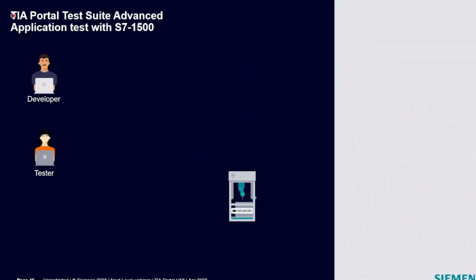The second scenario in test suite is application test. With application test, we can test our functionality. For example, you have written a function to convert an analog value and you want to know whether this function is working or not. Then you can write a script for this, the test will be done automatically, and the report will be produced. Let us see an example of this.